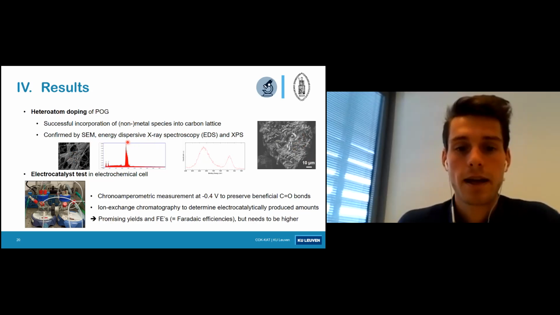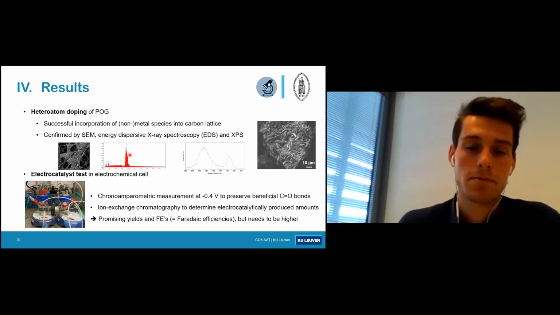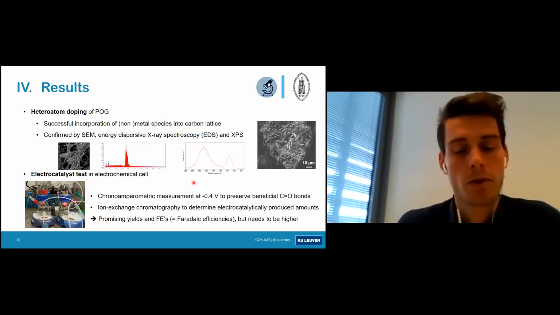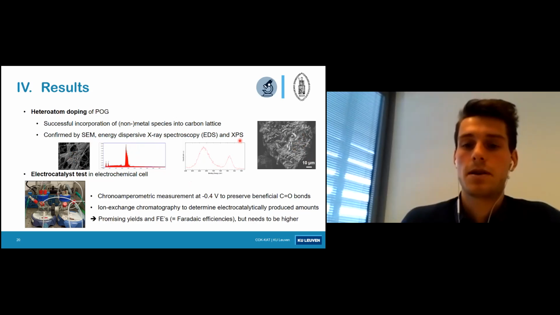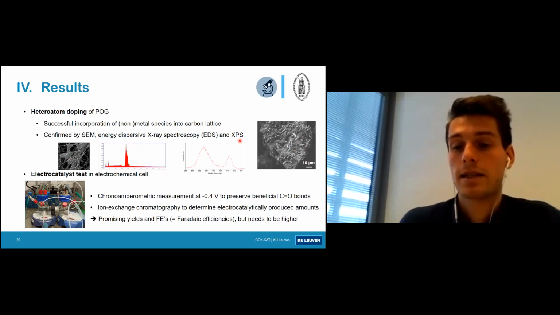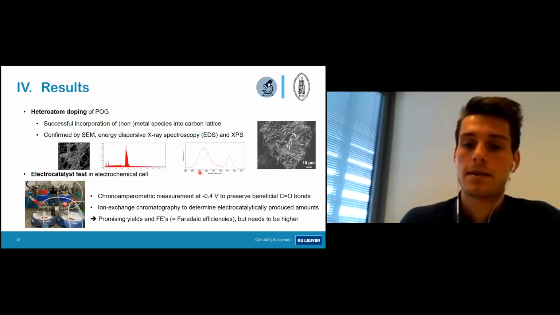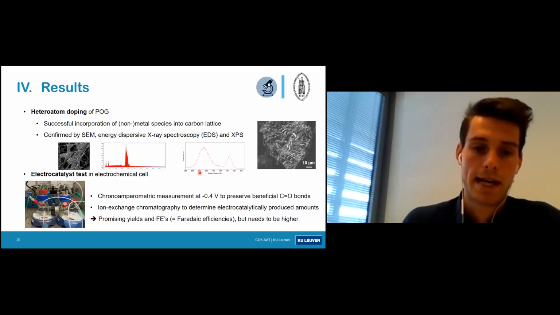Also EDS, or energy dispersive X-ray spectroscopy, shows very strong peaks for dopants like bismuth or molybdenum or selenium. And also XPS shows characteristic spectra for the presence of metal species and other active dopants for our electrochemical reaction.